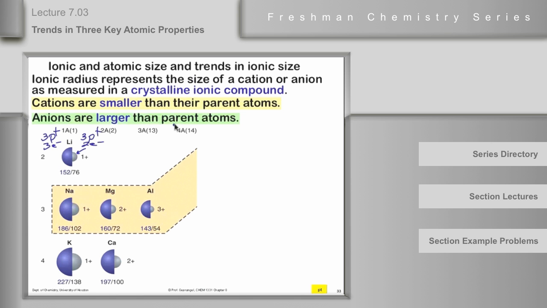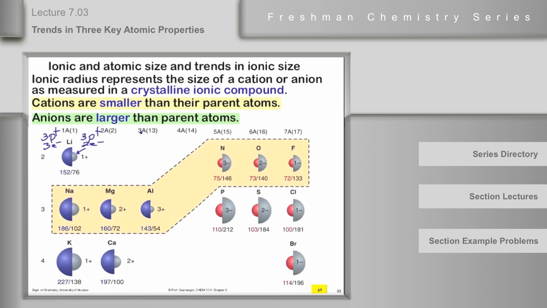Anions are larger than their parent atoms because they have the same number of protons, but the anion has more electrons. So the positive charge can't hold the extra negative charge as well. So if we look at this, here, for example, is fluoride ion. And the red hemisphere is fluorine atom.